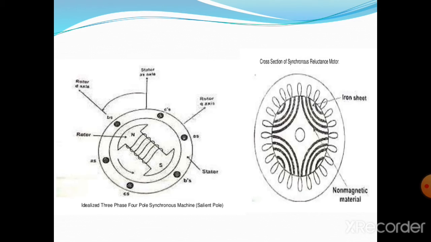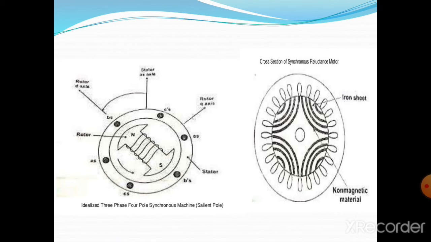The next diagram is the cross section of the synchronous reluctance motor. In this diagram, the three-phase stationary reference frame variables are AS, BS and CS. These variables are transformed into a two-phase stationary reference frame, DS and QS.